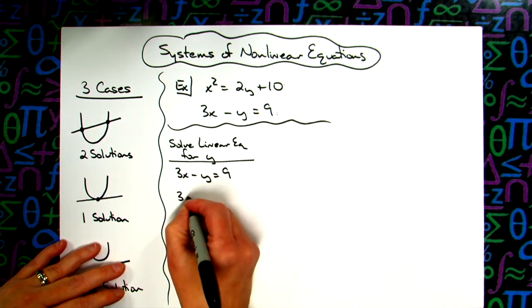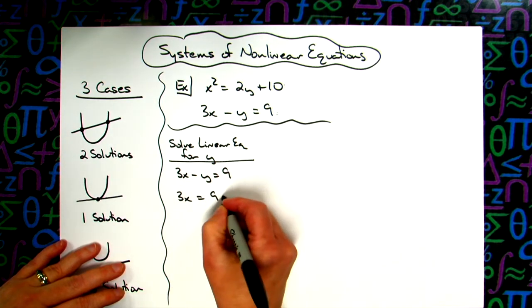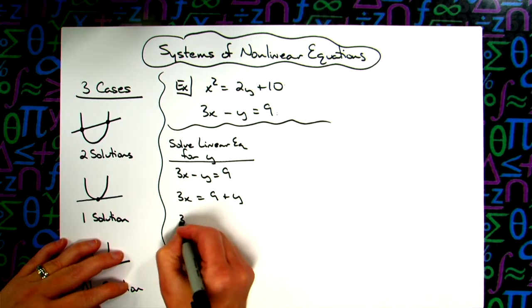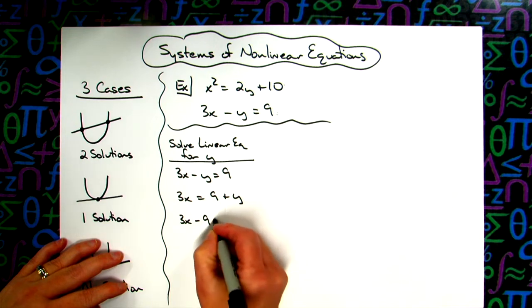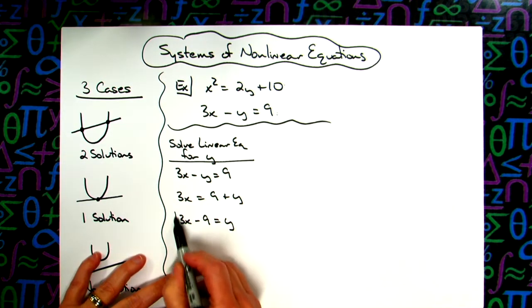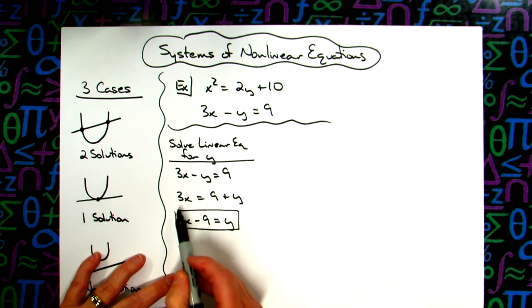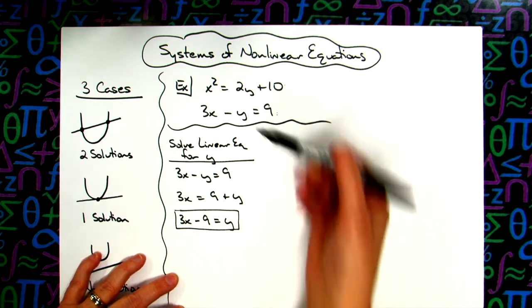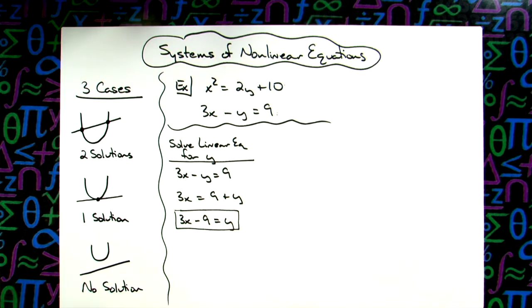So 3x is equal to 9 plus y. Now let's subtract 9 from both sides. 3x minus 9 is equal to y. That makes it really nice and easy solving for y. And in that original equation, my y is not squared, so it's going to be an easy substitution back in.